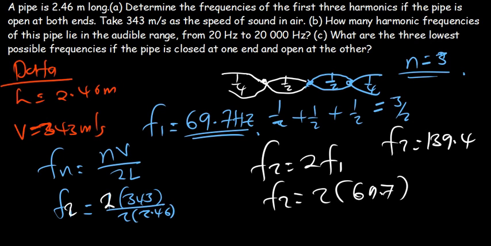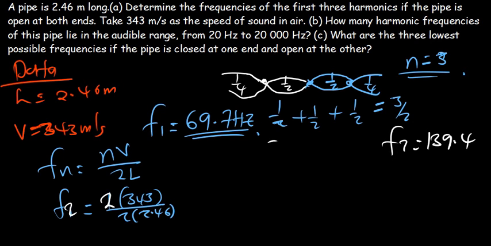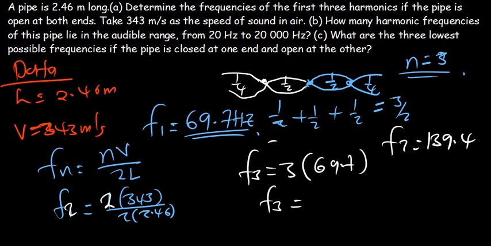Then for the third one, I just put 3 here. So it will be 3 times 69.7, which is 209 hertz. That is the third one.